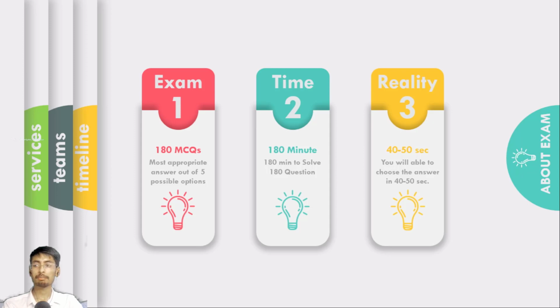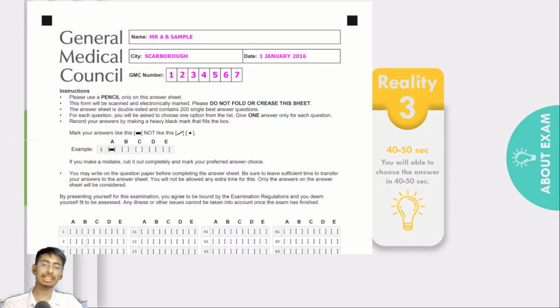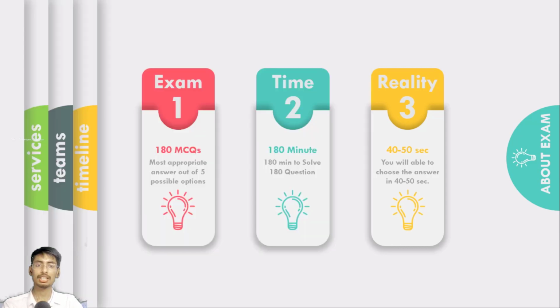But in reality, it's quite hard and different, because you have to read a long scenario, choose the answer, and take 5 to 10 seconds to mark it on the OMR sheet. This is true for 80% of the doctors appearing for the Plab examination.